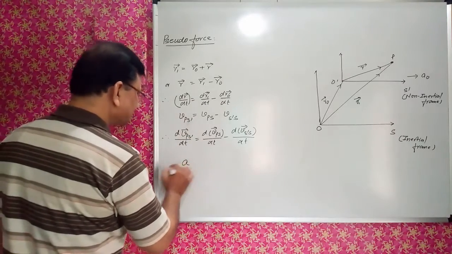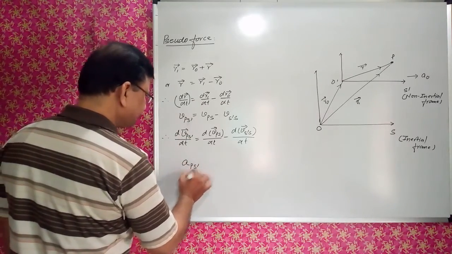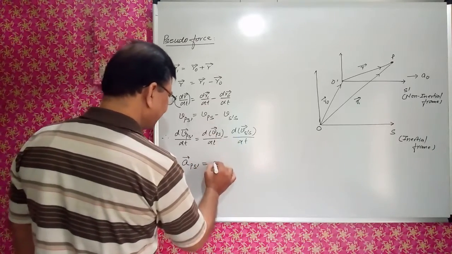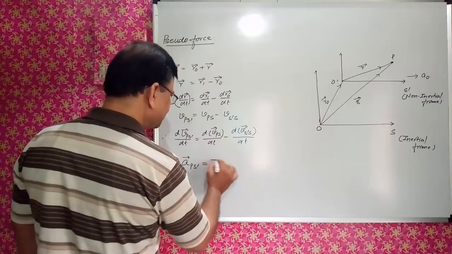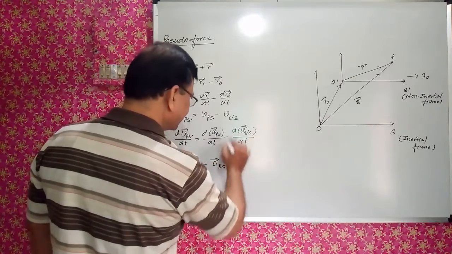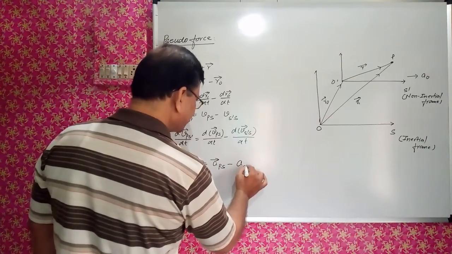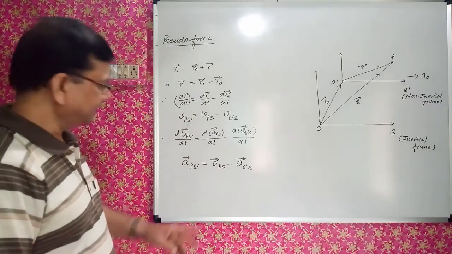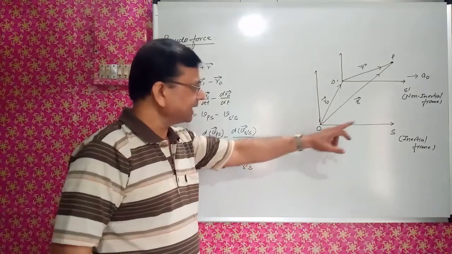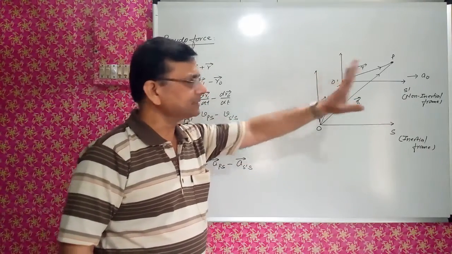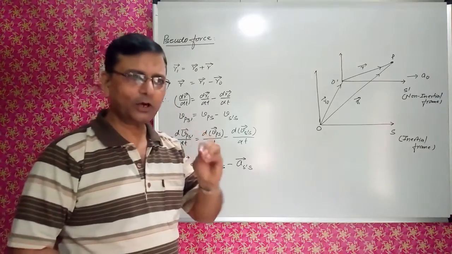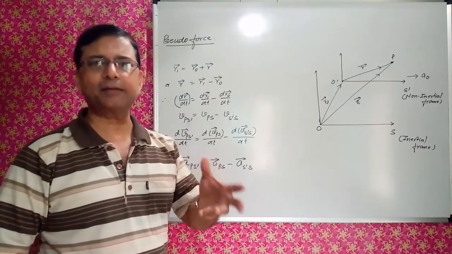This is the acceleration of P with respect to S dash, equal to the acceleration of P with respect to S minus the acceleration of S dash with respect to S. Remember this. S is the inertial frame and S dash is the non-inertial frame of reference, and Newton's laws hold good in the inertial frame of reference.